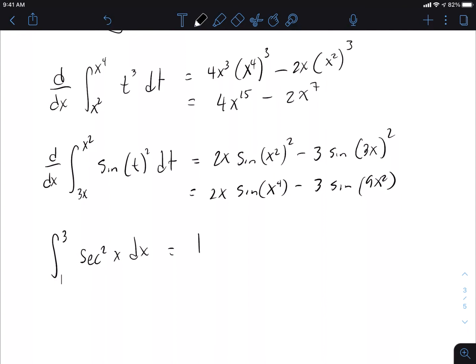Perfect. So tan of x evaluated from 1 to 3. Then I would get tan of 3 minus tan of 1. But if you didn't know that the derivative of tangent is secant squared, you're kind of stuck. So one of my strong recommendations is to write down all of your derivatives so you can look at them going backwards and forwards. Does that make sense?